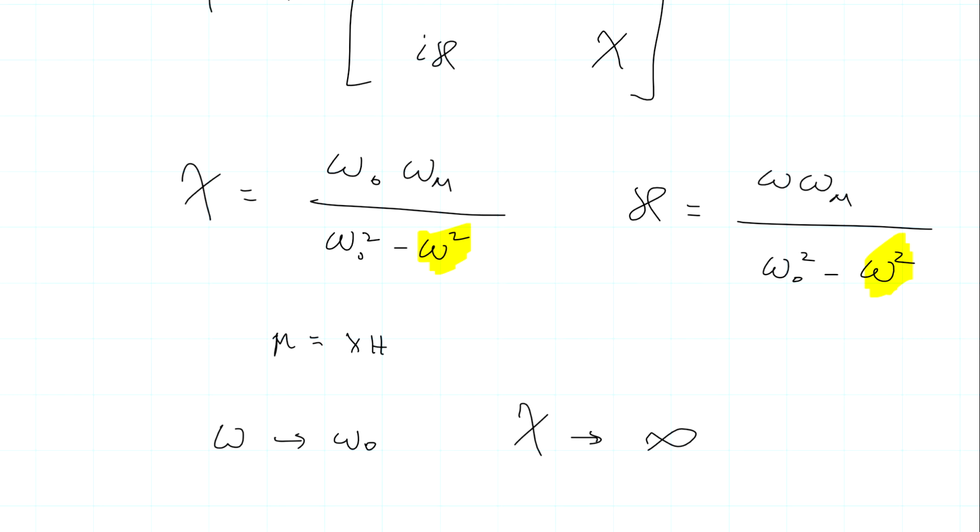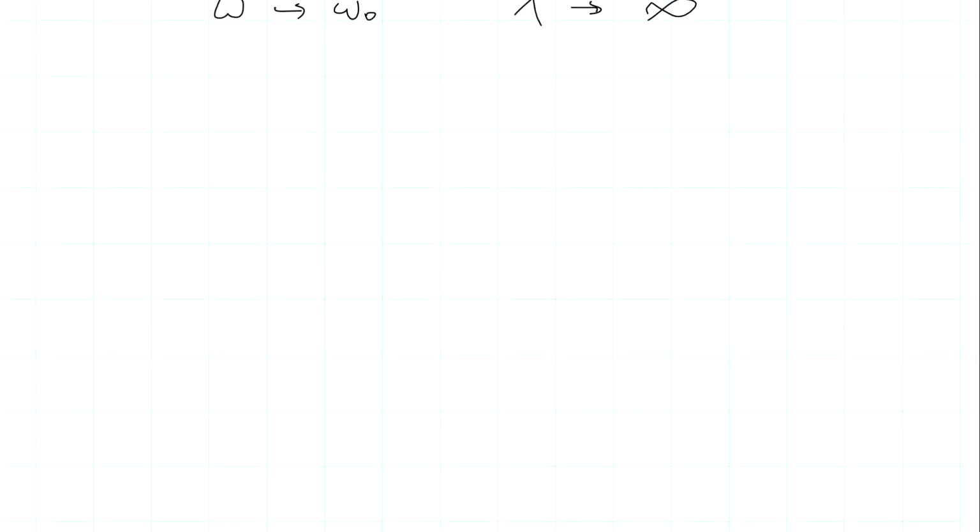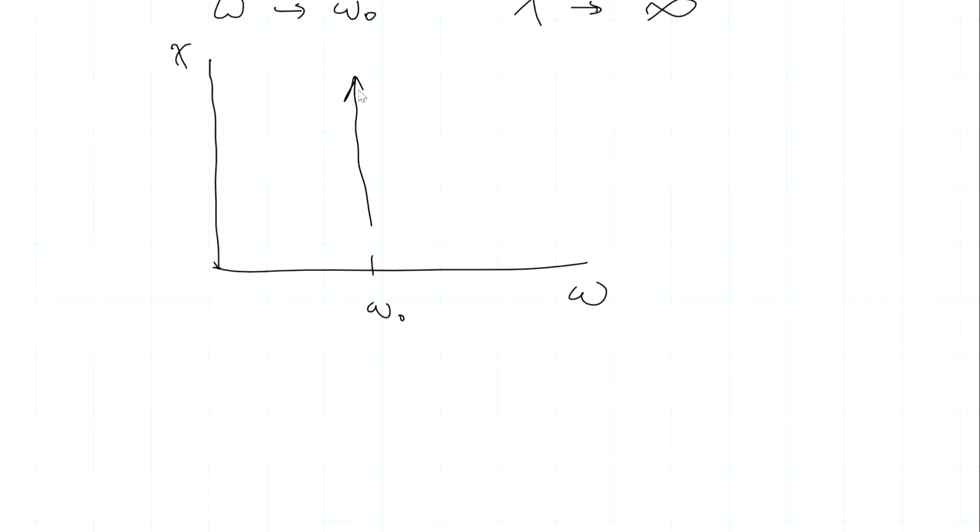So chi is our susceptibility, and it turns out that chi has a certain frequency dependence. As we approach omega naught, it shoots to infinity. Now, of course, there is no infinity in real life.